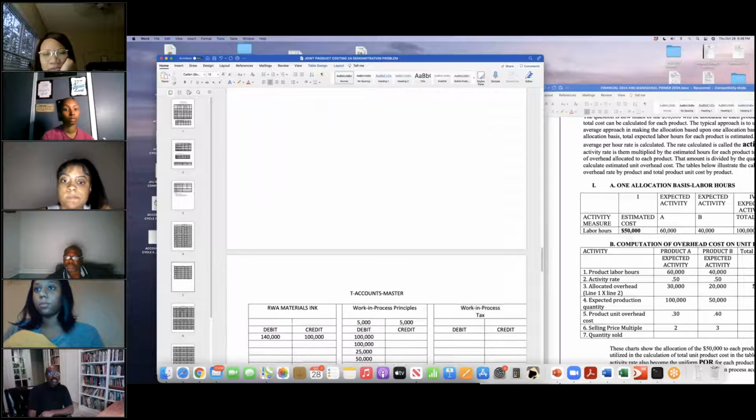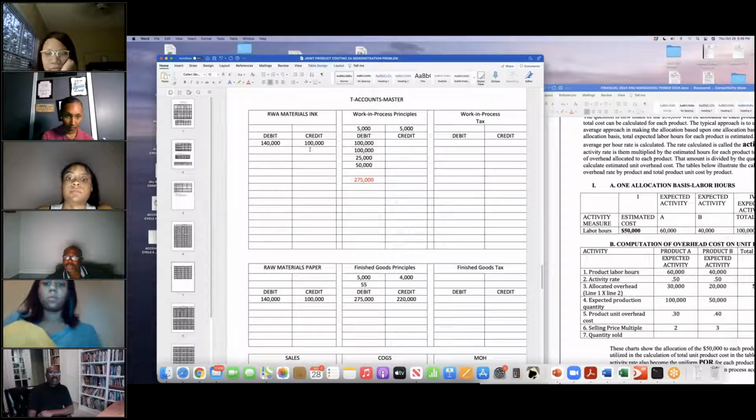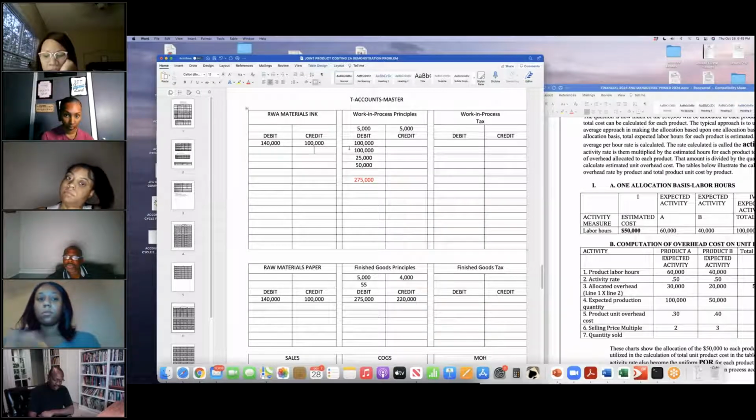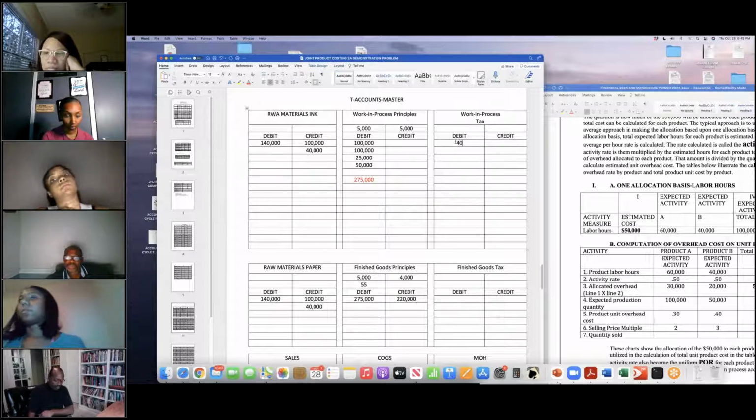Let's go ahead and post those right quick. So we're posting the remainder of the 40,000 of the ink and the paper. And for the tax book, we're putting in 40,000.